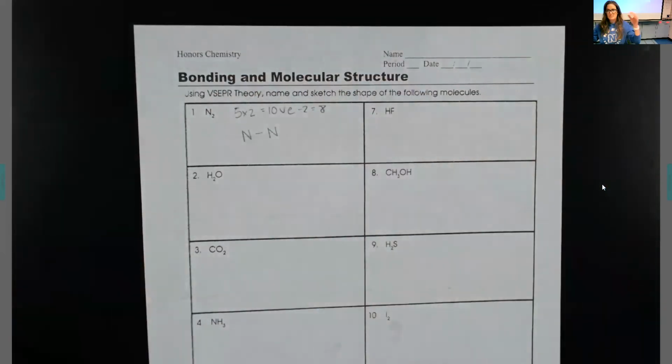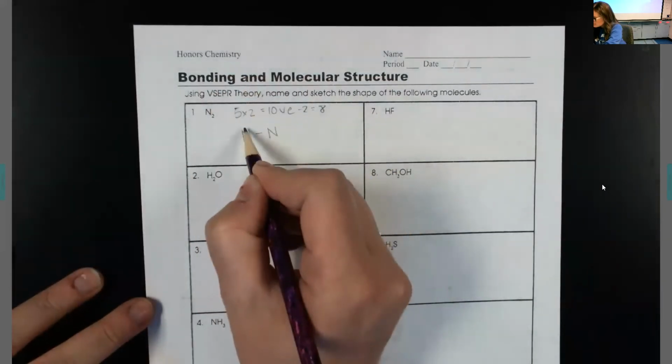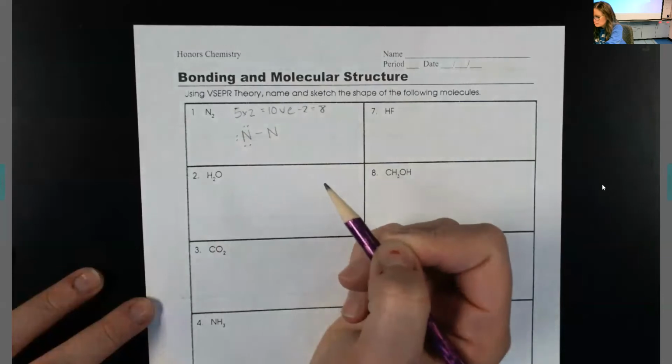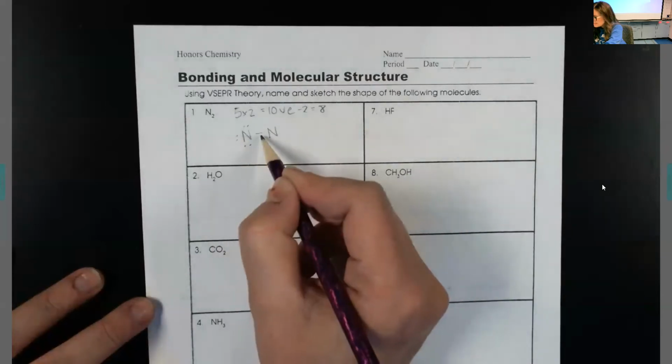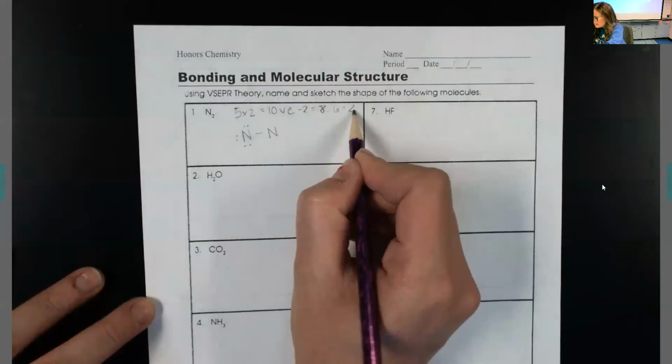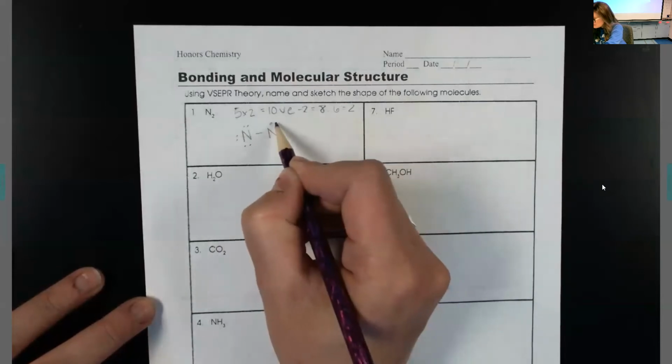And now we're going to start satisfying octets from the outside in. So I'll start from the left. This nitrogen has 2 electrons, 2 more, 2 more, and now that is 8. 2, 4, 6, 8. This nitrogen is happy. I used 6 more to do that. And oh no, I only have 2 electrons left.